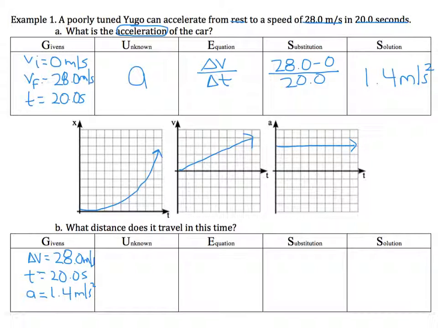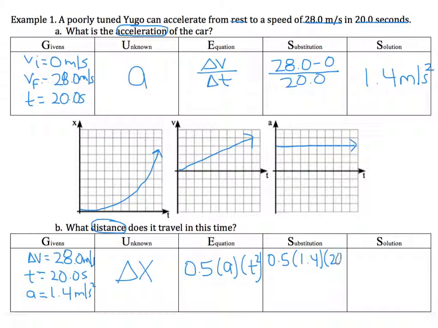Our unknown now is distance. Remember, distance is a change of position. We learned that in Unit 2. Our equation, looking at the variables that we have, will be one half times A times T squared. I don't have a lot of room here to do every single step, but we can set it up so you see what it looks like.